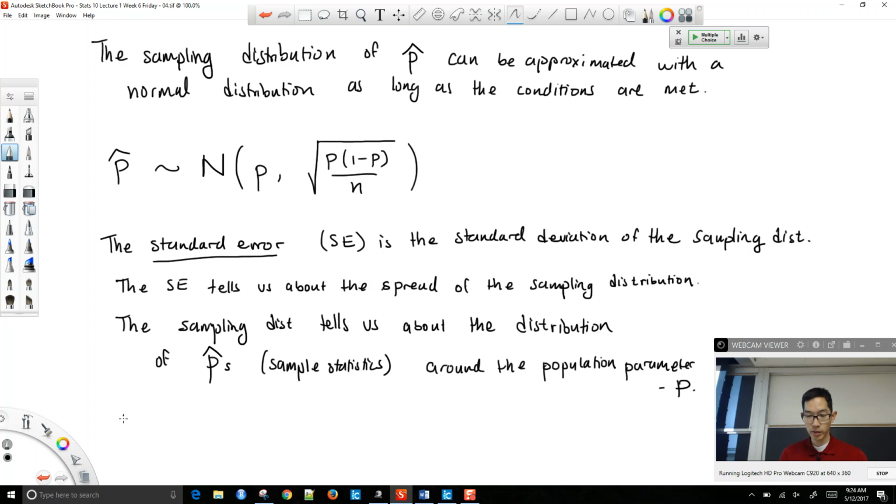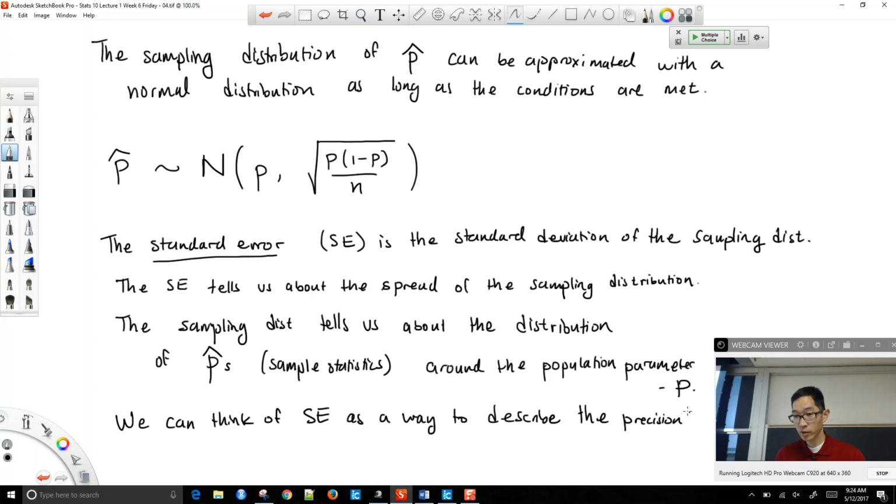Another way we can think of the standard error is as a way to describe, what is the word I'm looking for, the precision of using p hat as an estimate of p.